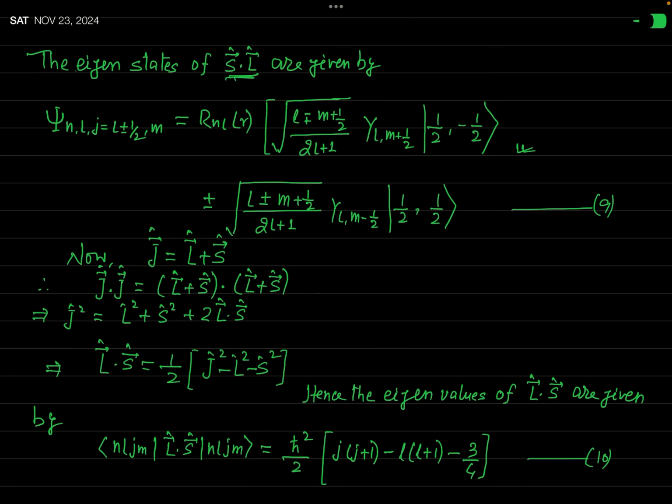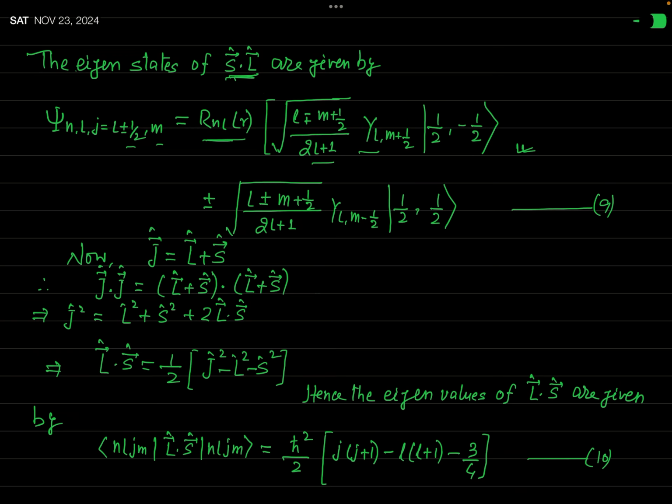The eigenstates of S dot L are given by this expression: psi n, l, j equal to l plus minus half, m, equal to R nl of r times square root of (l minus plus m plus half) divided by (2l plus 1) Y l, m plus half.